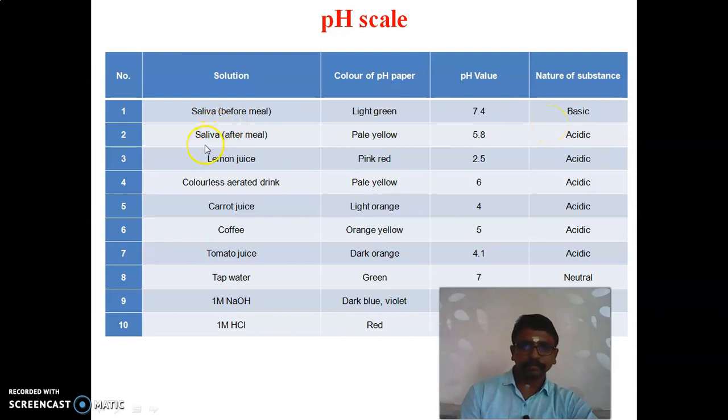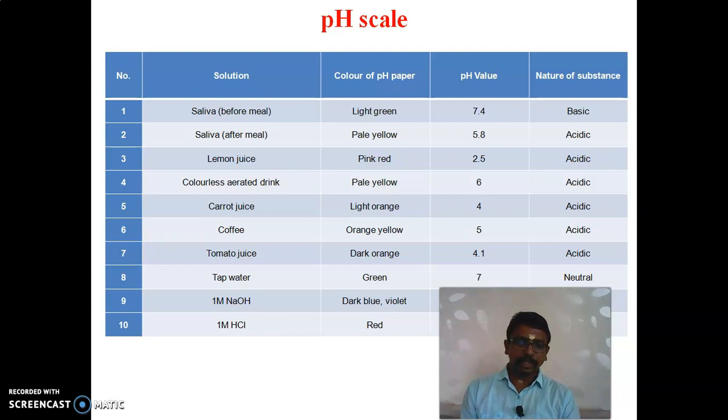And saliva after meal. After the meal, the color of the pH paper will be pale yellow. What is the reason saliva after meal turns pale yellow? Because the pH value is 5.8 and it is acidic. When we take food, some acidic foods are there.